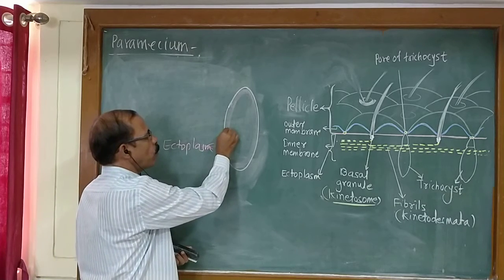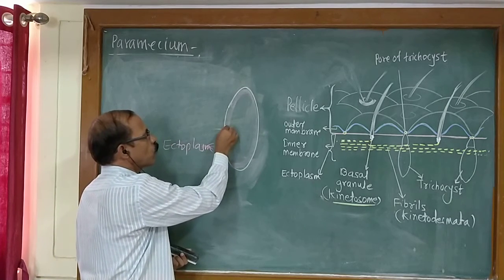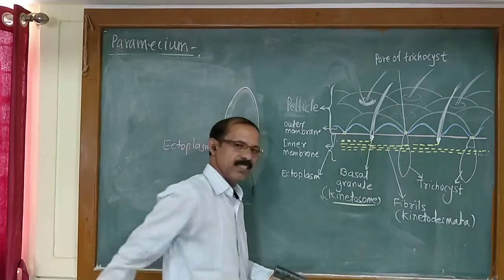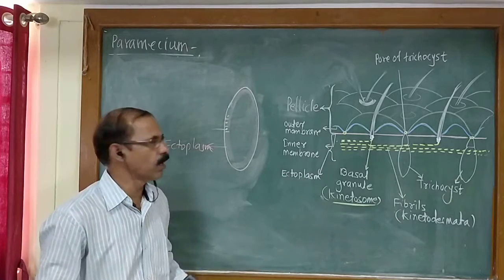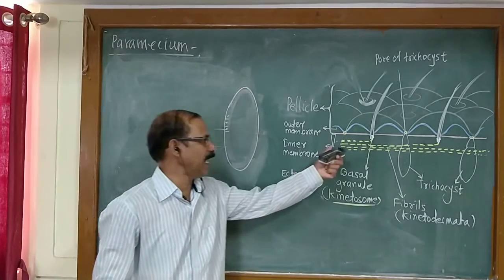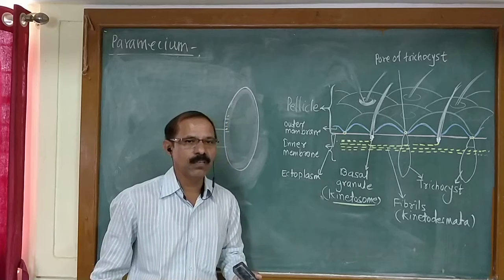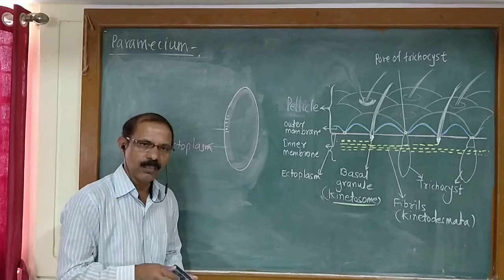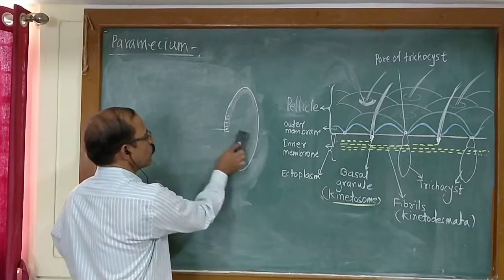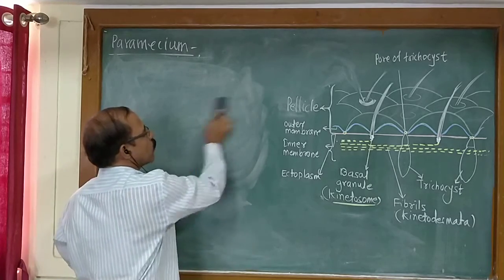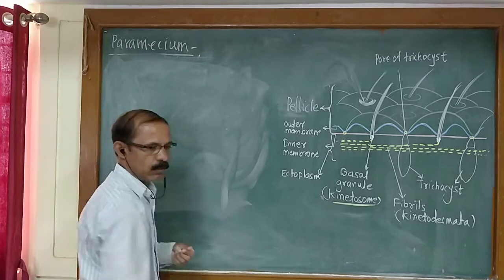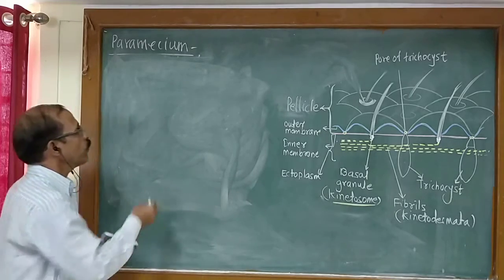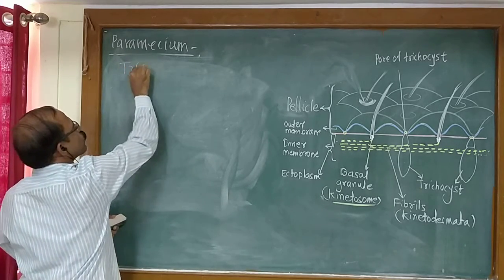Ectoplasm contains the basal body of cilia and trichocyst. Also, ectoplasm contains the infraciliary system, which we have just learned about. So we have learned about the infraciliary system, and the second component is the trichocyst, which is also located in the ectoplasm. We must know the location of the part which we are going to study. So here we are studying about trichocyst.